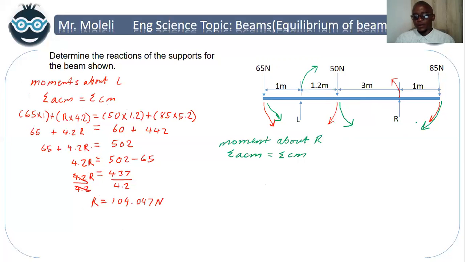So look at my arrows around R now. This time we have 85 and L that are clockwise about R, and 50 and 65 which are anti-clockwise about R.